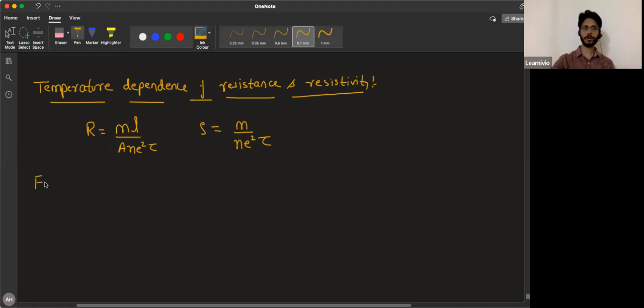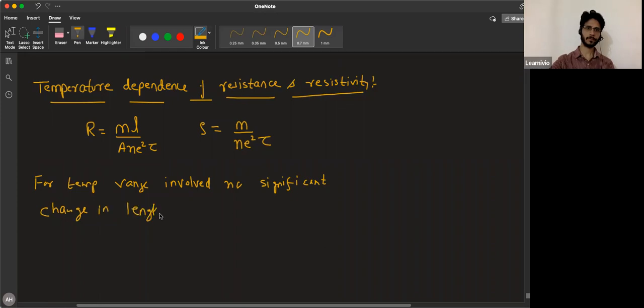So for the temperature range involved, there is no significant change in length and area of cross section.